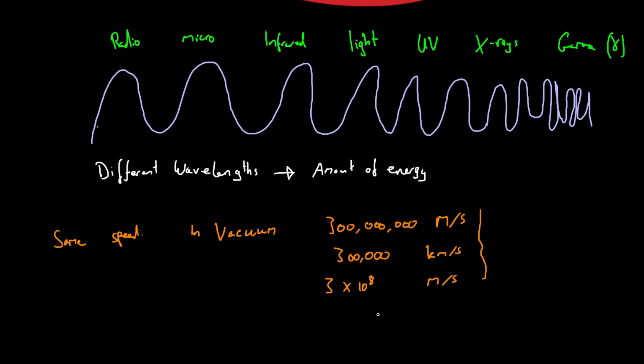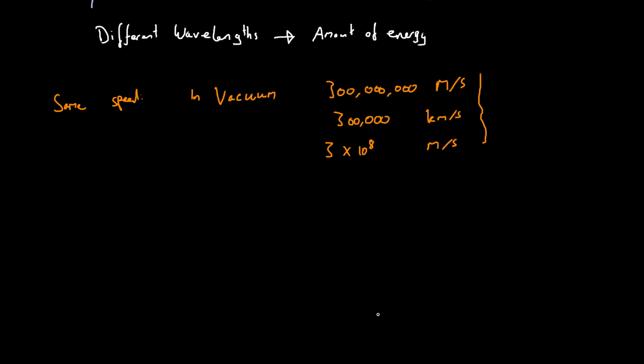Now this is handy because as they all have the same speed, we can use this equation. See if you can remember that the speed of a wave is equal to its frequency multiplied by its wavelength. Okay, and this means that we can always fill in for the speed. So we can always say that 300 million is equal to the frequency multiplied by the wavelength.